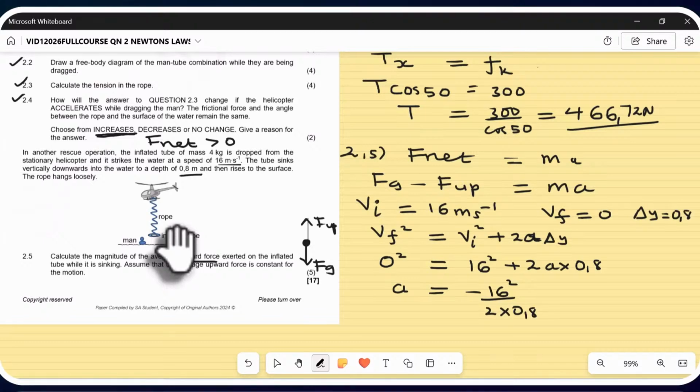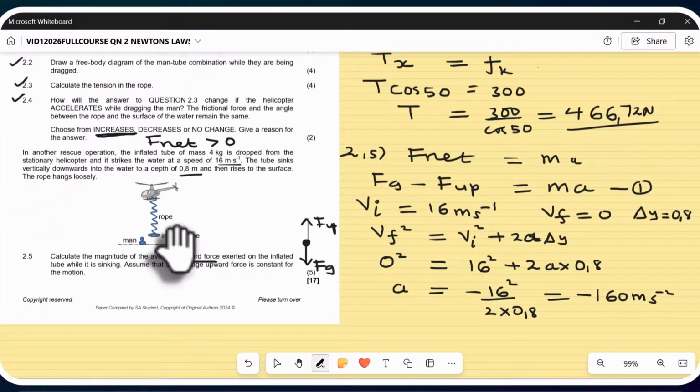Okay, so after getting the acceleration, I come back to get my upward force from this equation, which I'm going to call equation 1. FG minus upward force equals ma. Let us now substitute. The mass is 4 kilograms times 9.8.